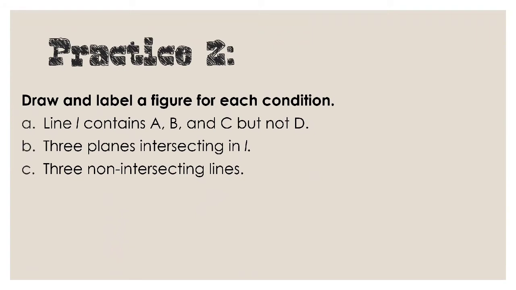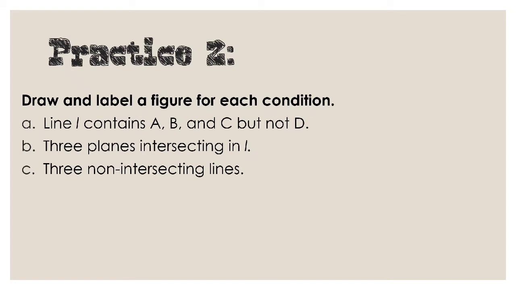For the next exercise, again, you are going to draw and label a figure for each condition. This time you have only 3 conditions, but these conditions are similar to the first activity you had earlier.